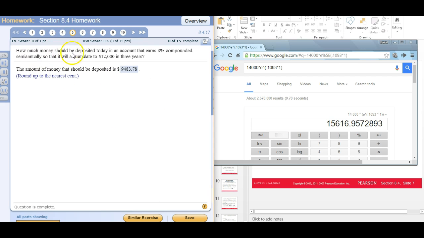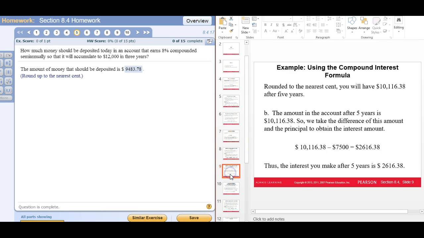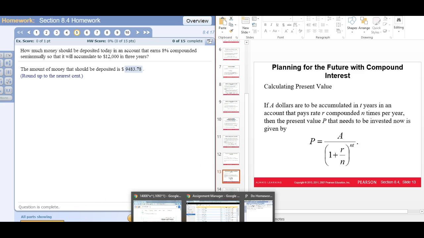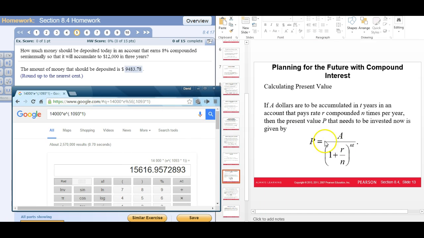Alright, how much money should be deposited today into an account that earns 8% compounded semi-annually? Right, this is a little bit different. This one is present value formula. Alright, the present value equals the amount we want to get to.